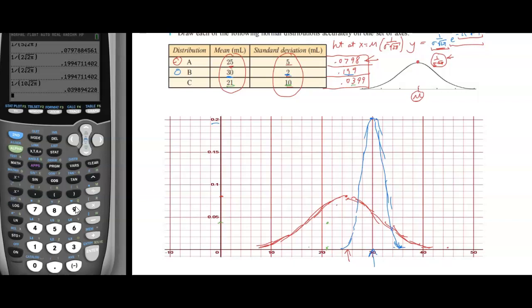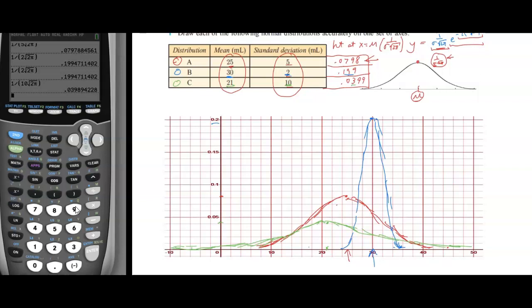So you would go out about 30, and then the thing would be kind of disappearing. And then on the right side, it would go kind of like that. Okay, so there you have the 3 normal distributions graphed together on the same grid.